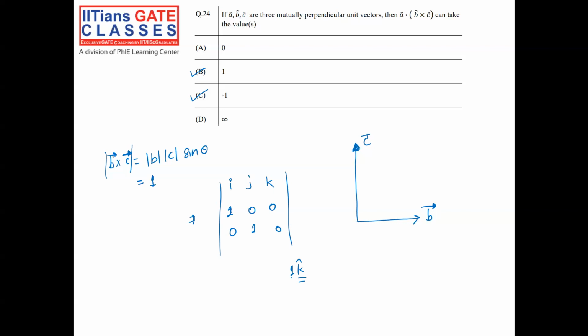If we take b bar in the negative direction, in that case also b and c are perpendicular to each other. So we will have this as -1, and we may end up with minus k bar. So the possible answers are 1 and -1 in this case.